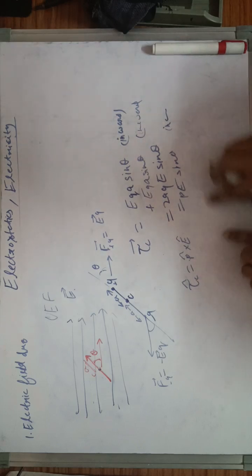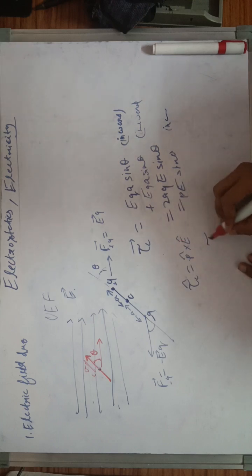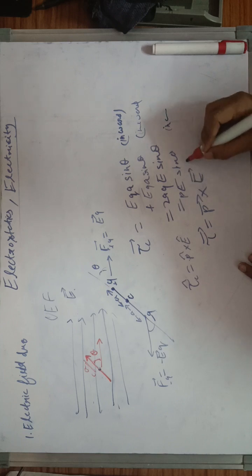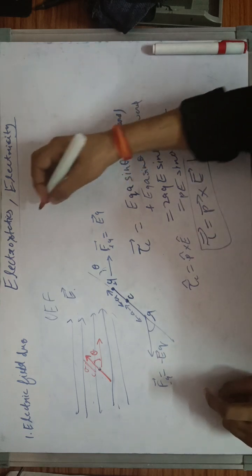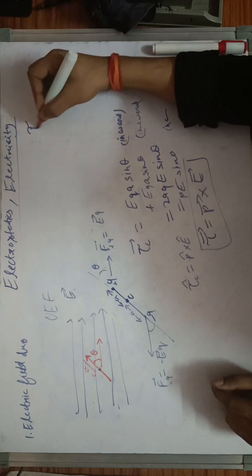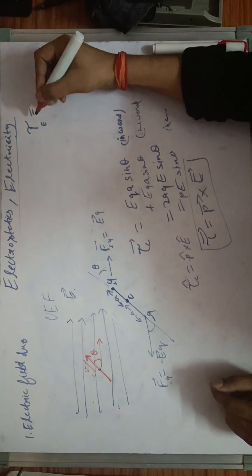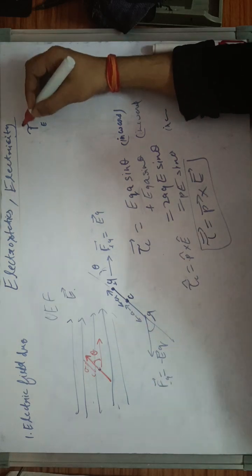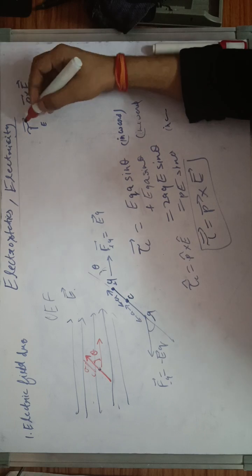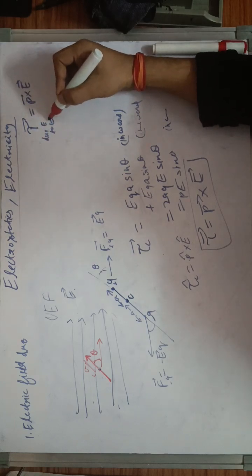So these two things, the magnitude and the direction, tell us that torque can be written as p cross E. So this is our one formula here, that the torque on a dipole moment, let's say p, due to the electric field E, is equal to p cross E. This is the torque due to electric field E.